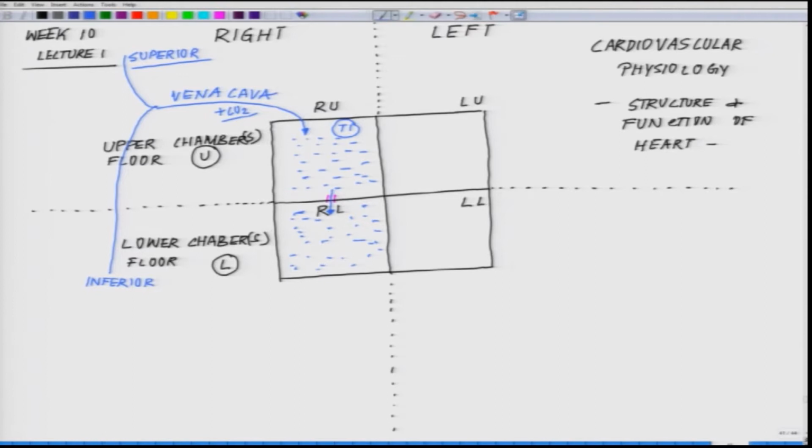So again through the valves, this blood travels all the way to an organ called lungs. So this is plus CO2, right.